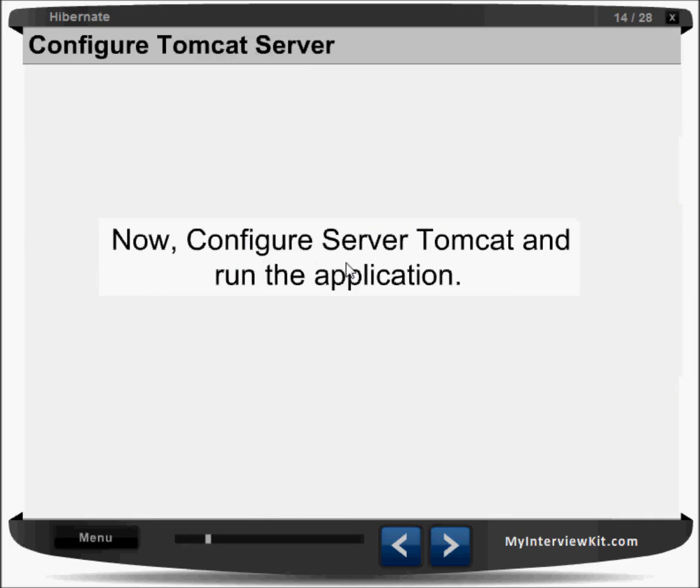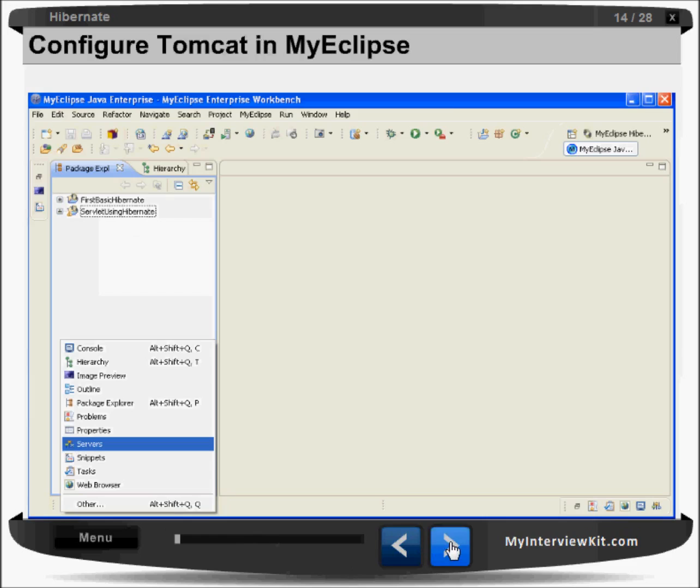Now next, let us do the deployment part of our application to the server. We need to configure the Tomcat server to run the application. So this is my application which is ready now, and we'll go to the server. There's one button here.